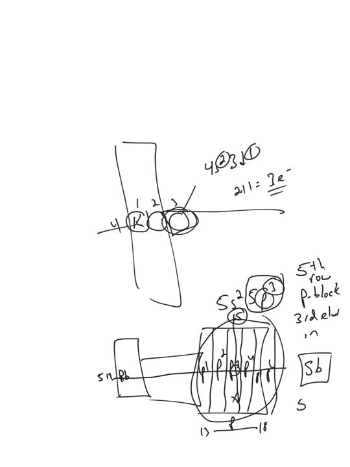Sb has the valence configuration of 5p3 because it's on the 5th floor in the p block and it's 3 elements over. And this is how we can figure out the element no matter what it is, simply by knowing the very last valence electron configuration.